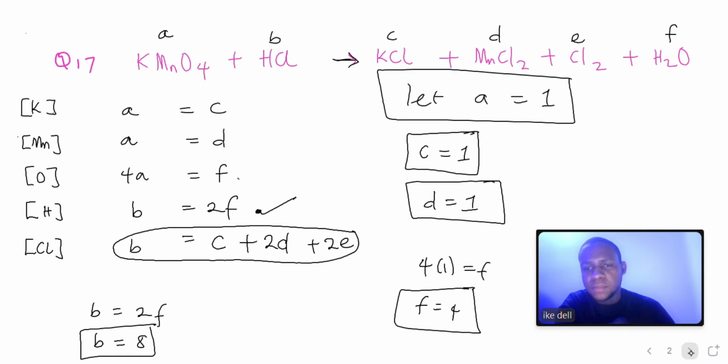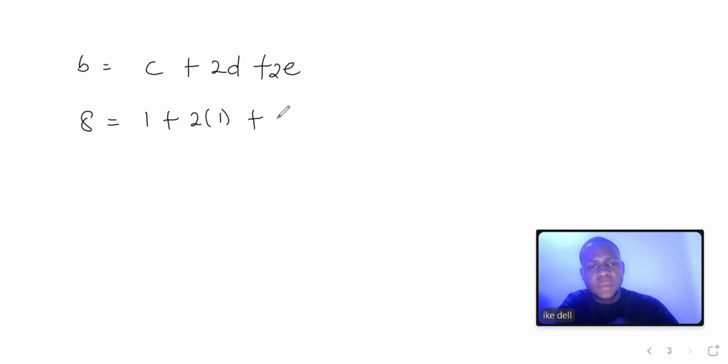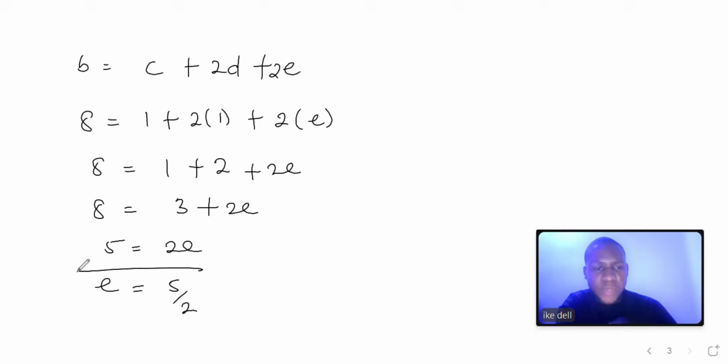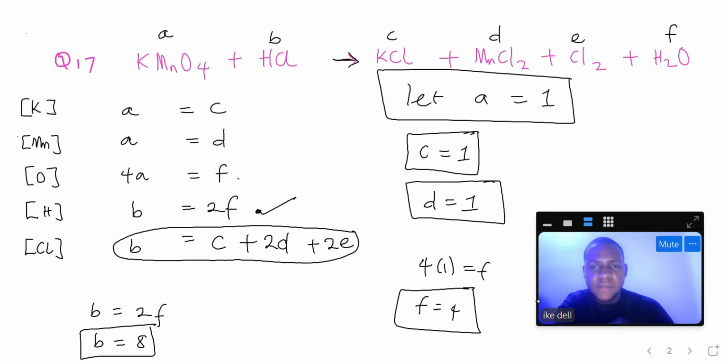D is 1 plus 2 times E, which we're looking for. So it means that 8 equals 1 plus 2 plus 2E. 8 equals 3 plus 2E. This means that 5 is equal to 2E, and then E becomes 5 over 2. So that's our E. We'll put a box around it as well. So let's come back here. E is 5 over 2.